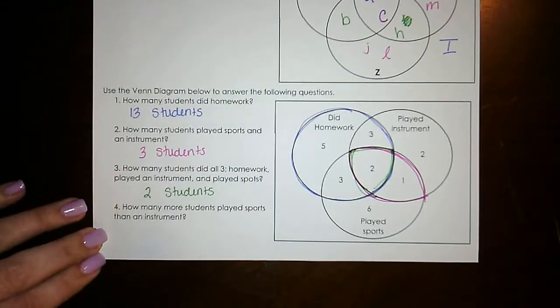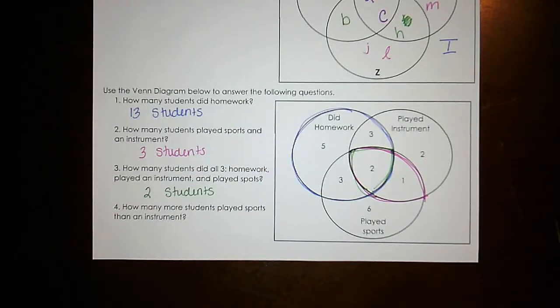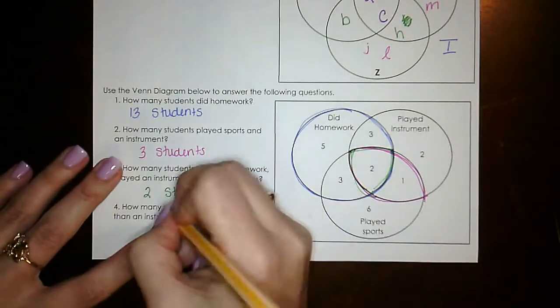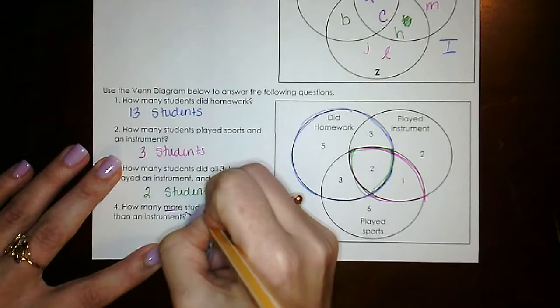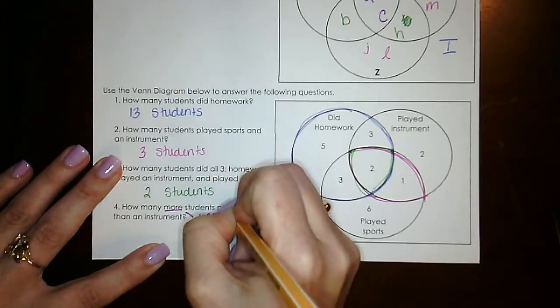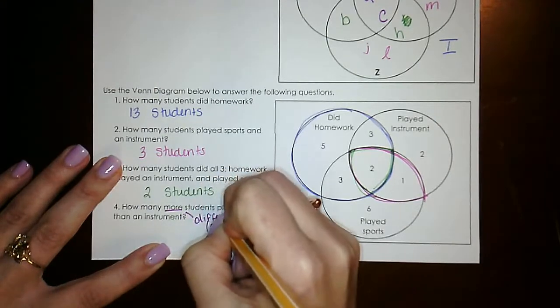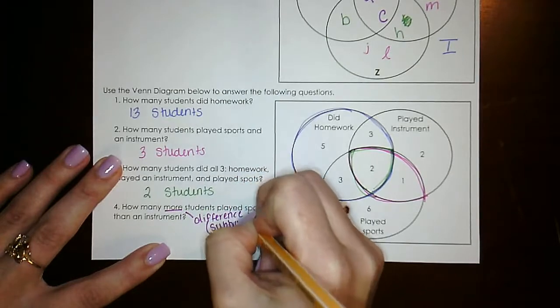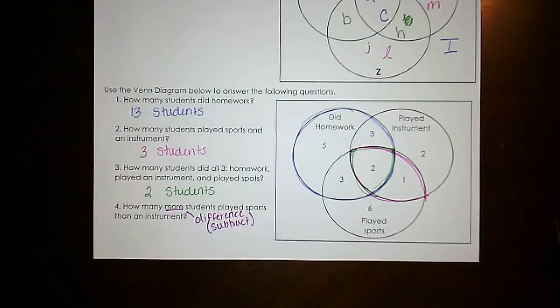Last question, how many more students, so more, you're trying to find a difference between, which means to subtract. How many more students played sports than an instrument?